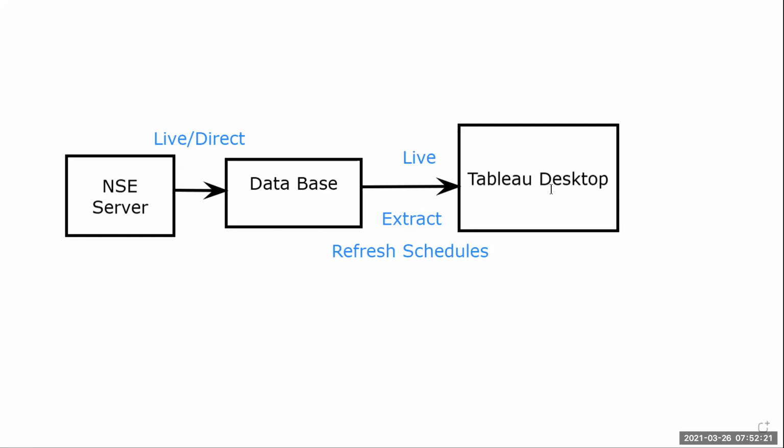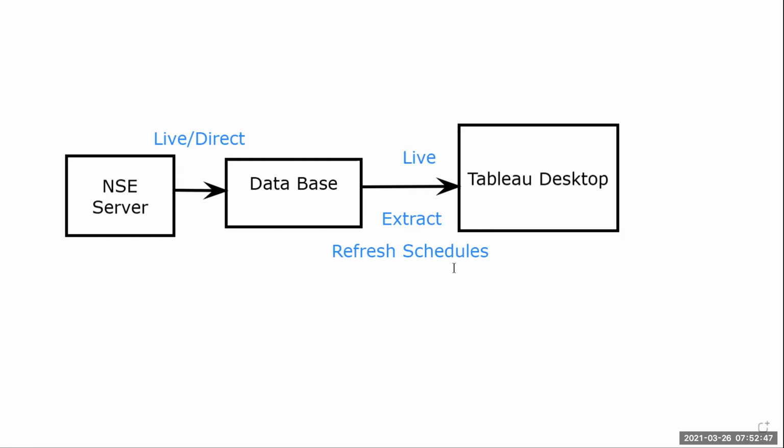But with an extract, it will not touch anything that happened earlier until the refresh we have kept. It will just refresh on that schedule. Even if you have kept a daily schedule, say today you are working on something and forgot to add something to the database.